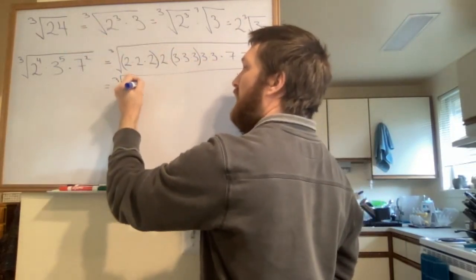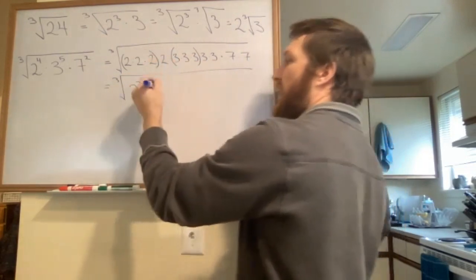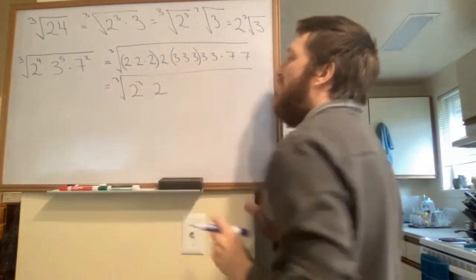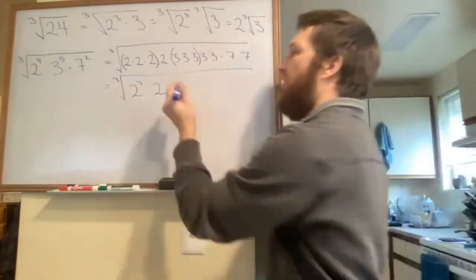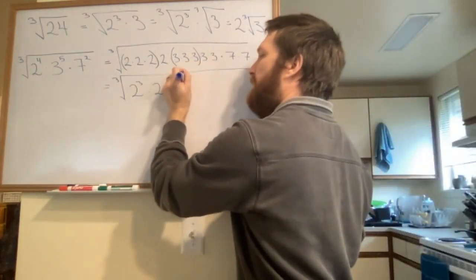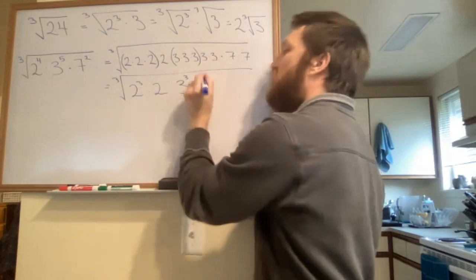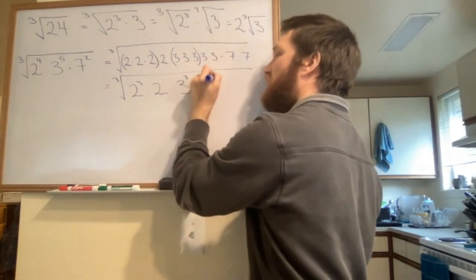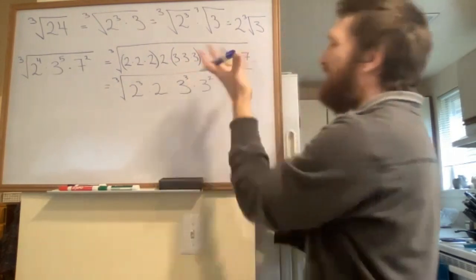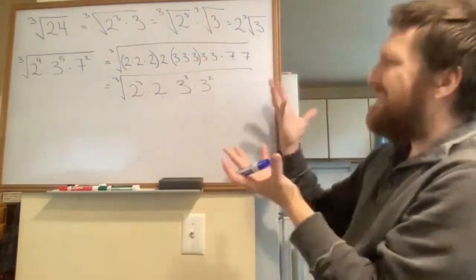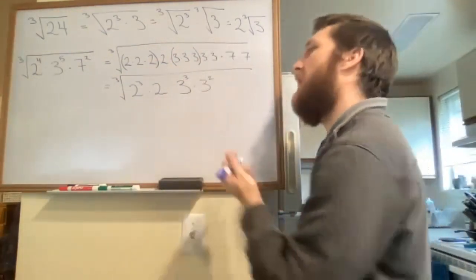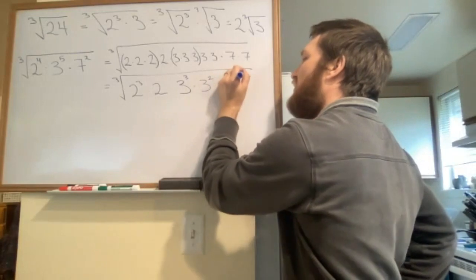So 2 to the 3rd with 1 2 left over. This would be 3 to the 3rd with how many 3's left over? 2. 2 of them. So I'm going to write that as 3 squared. And can I group any 7's together? Can I group 3 7's together? No. No, we're stuck with 7 squared.